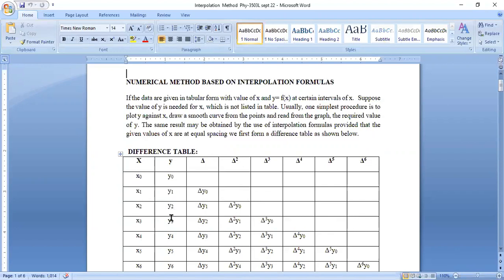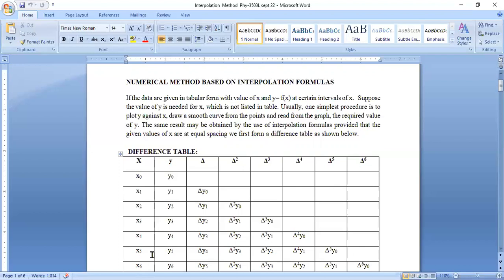Suppose the value of y is needed for some x which is not listed in this table. Generally, the simplest procedure is that we plot a graph of y against x.